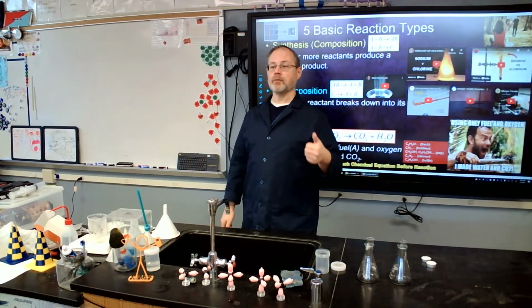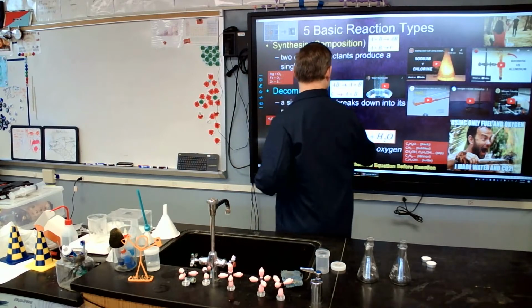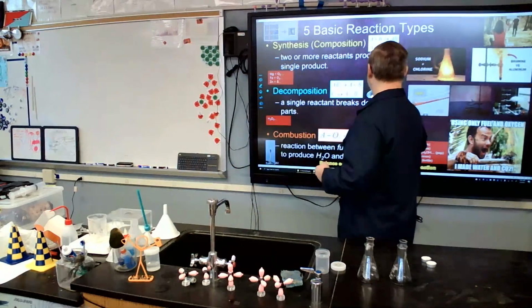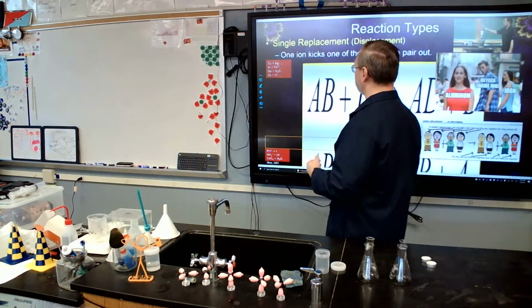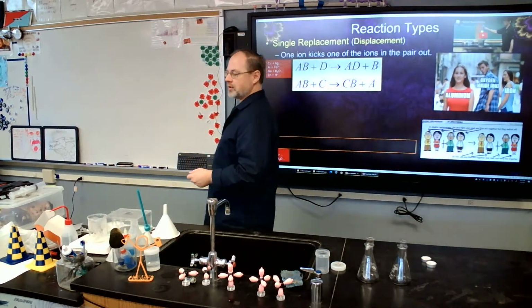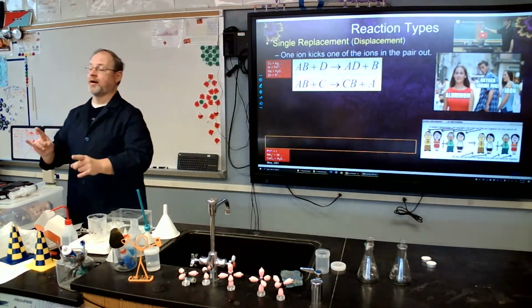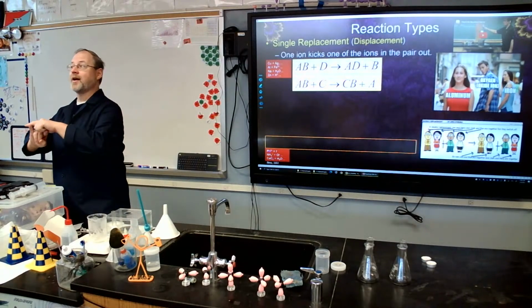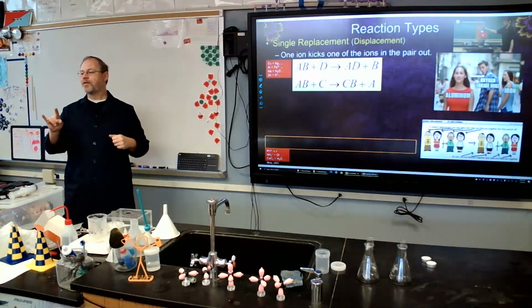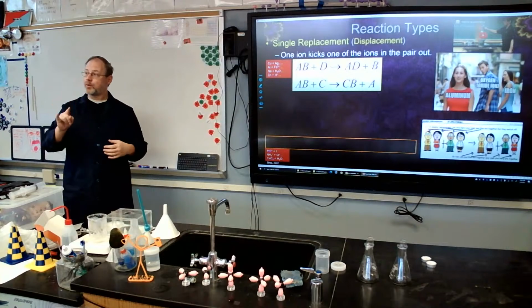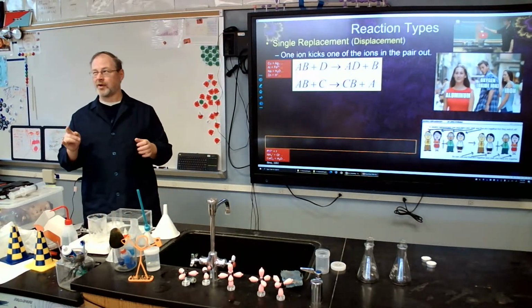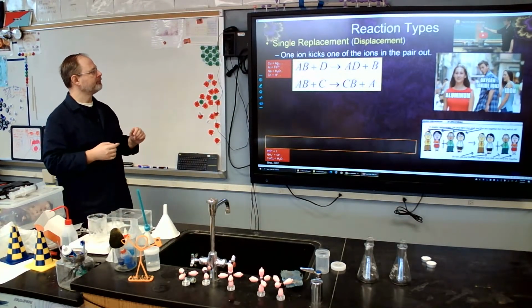Cool? All right, so the next type of reactions are called replacement reactions. In a replacement reaction, you have two ions, a cation and an anion, and those things are usually in an aqueous substance. Sometimes they're in gas phase; I'll show you when they're in the gas phase.